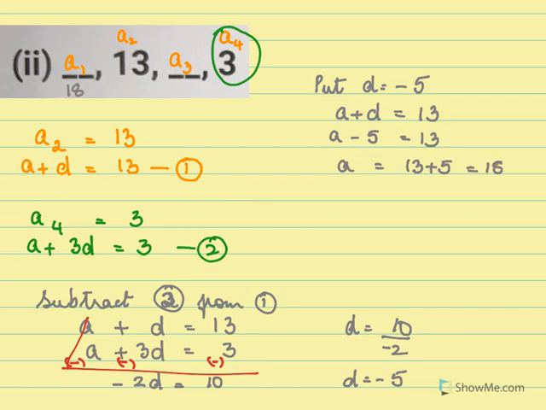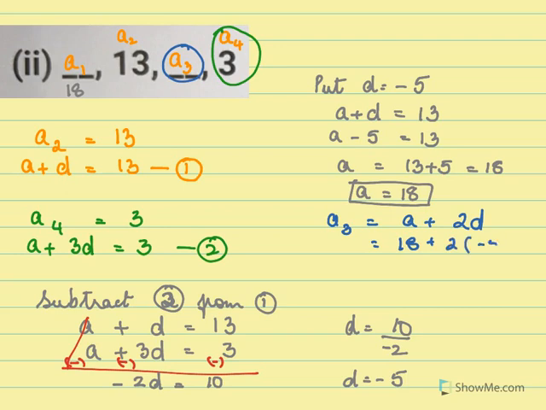I'll write first term A equal to 18. One answer. We needed also to find our third term. So that is A3. A3 will be A plus 2D, and that will be A, which is 18, plus 2 into D, which is minus 5. You calculate this, you get the answer 8. So your third term here is 8.